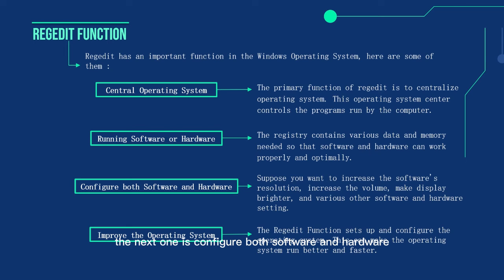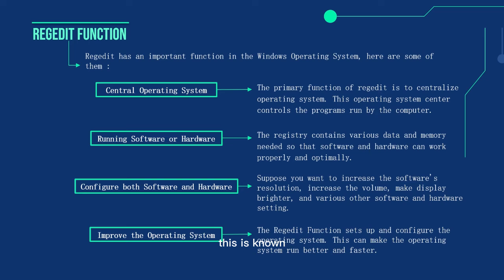The next one is configure both software and hardware. Suppose you want to increase the software's resolution, increase the volume, make display brighter, and various other software and hardware settings. In that case, you can do it via the Regedit function.